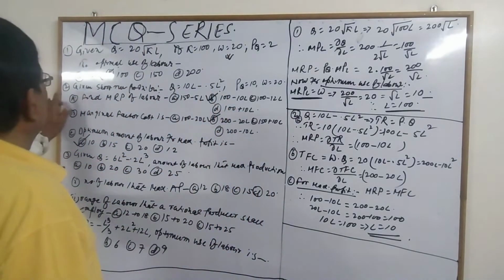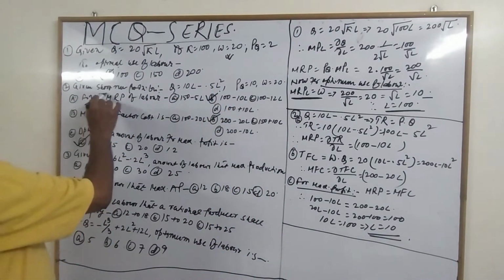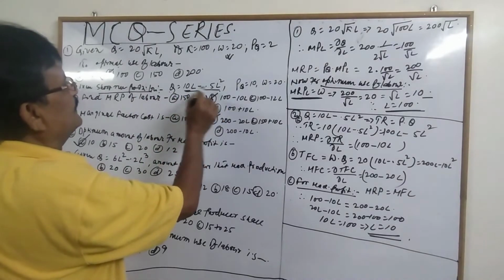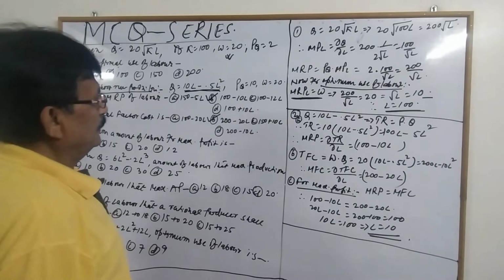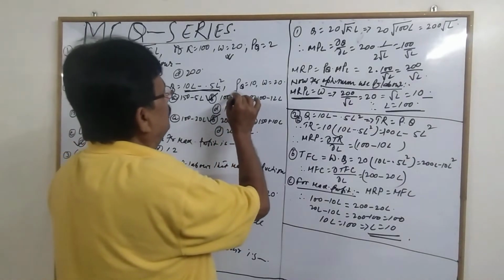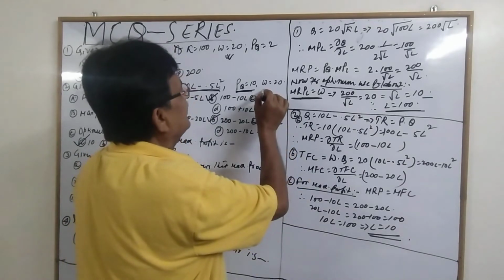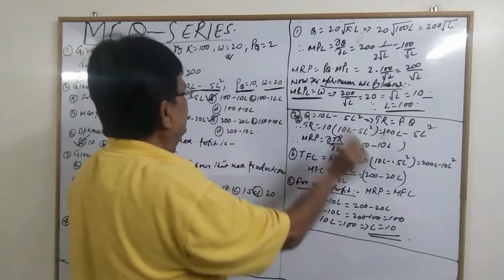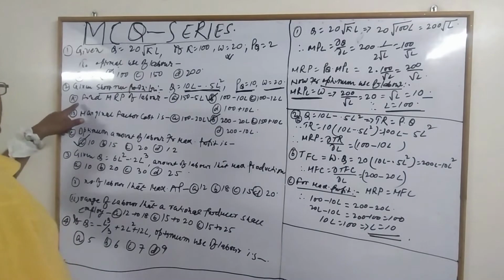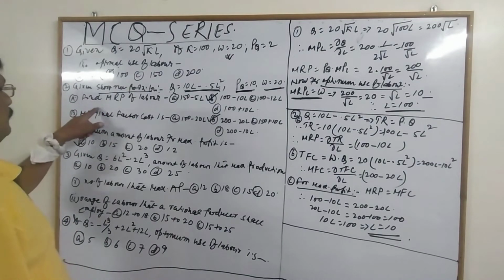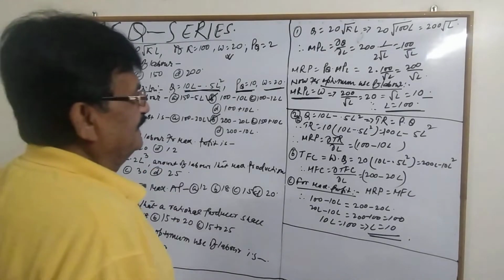Now come to question 2. Given the short-term production function Q is 10L minus 0.5L square, with PQ, the price of the commodity, 10, and the wage rate given as 20. Firstly, find the marginal revenue product of labor.